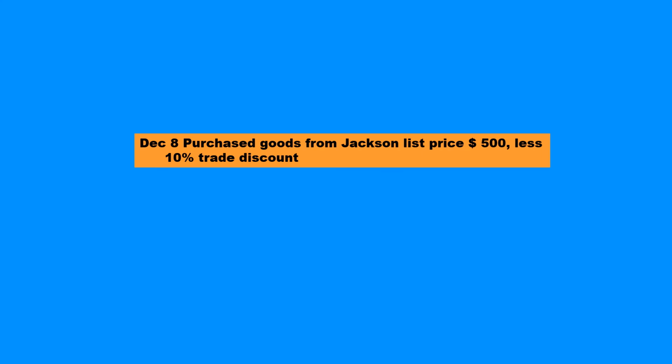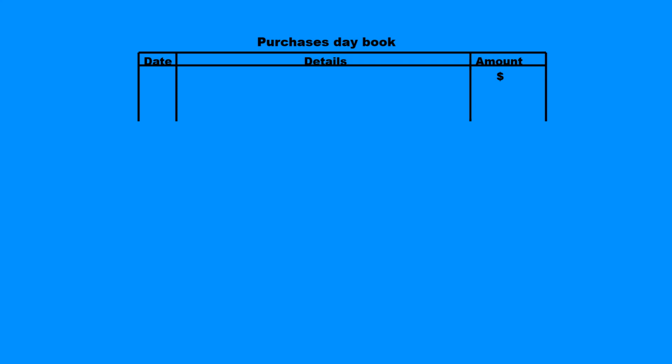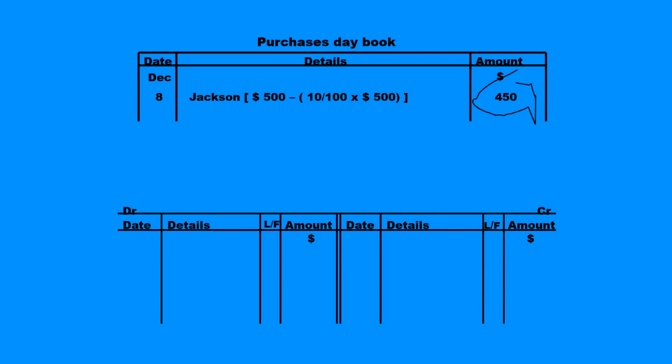Purchase goods from Jackson, list price 500, less 10% trade discount. In the purchases table, we're going to have Jackson 450, the amount after the trade discount, which will be recorded in Jackson's account on the credit side 450 and not the list price.